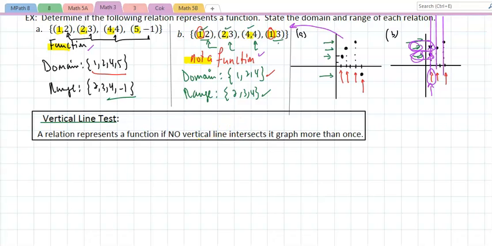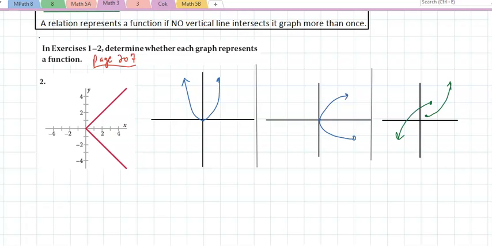The vertical line test states, a relation represents a function if no vertical line intersects its graph more than once, or a relation represents a function if every vertical line intersects its graph at most once. I like this definition more. On number 2 in the book, page 207, it says determine whether each graph represents a function.